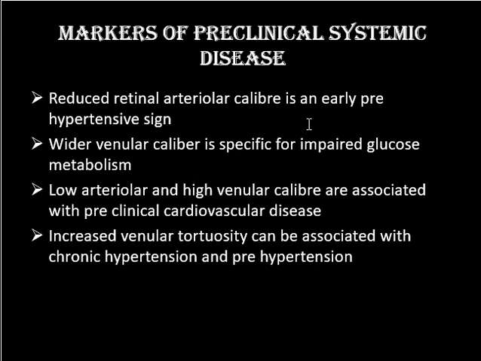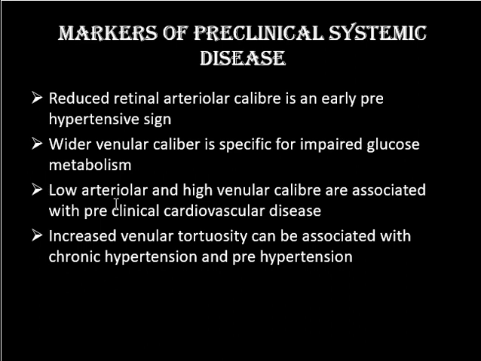So what are the features? Number one, reduced retinal arteriolar caliber is an early pre-hypertensive sign. The second one is wider venular caliber, which is specific for impaired glucose metabolism. So this is actually for diabetes.